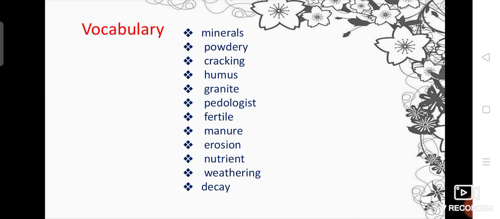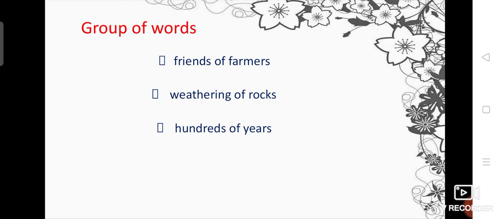The words given here are: minerals, powdery, cracking, humus, granite, pedologist, fertile, manure, erosion, nutrient, weathering, decay.